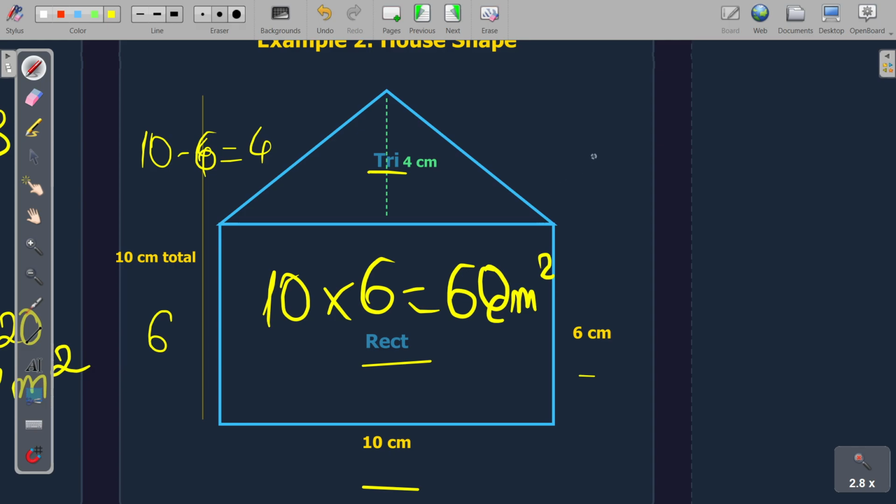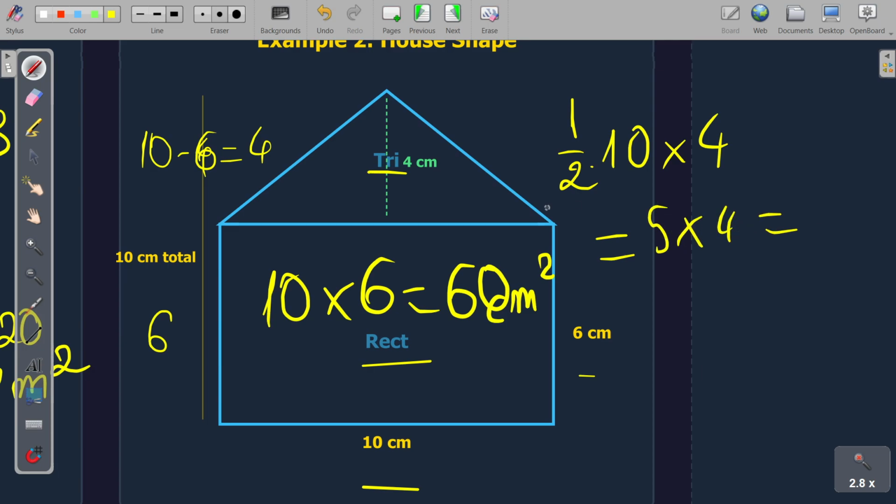Now, if you remember your formulas, you will know that the area of the triangle is half base, which is 10, this is the same base right here, times height, so this will be 4. So half of 10 will be 5 multiplied by 4, this will give us 20. So let me just write that right here, 20 inside of here, centimeters squared.